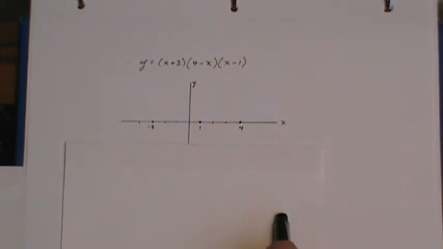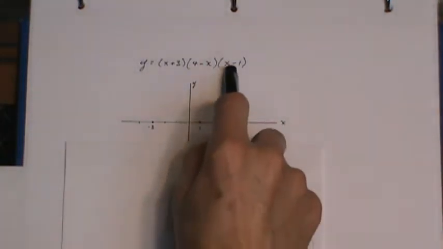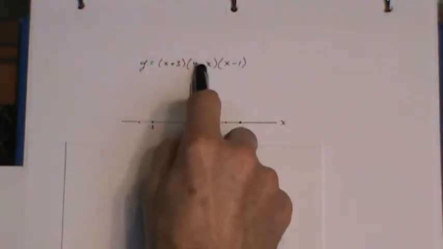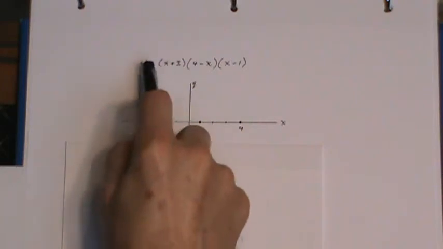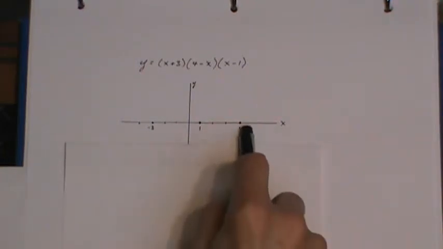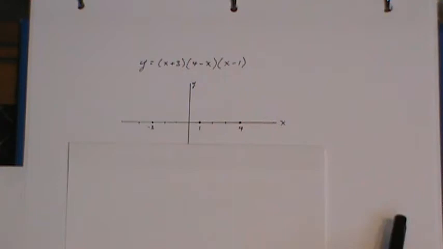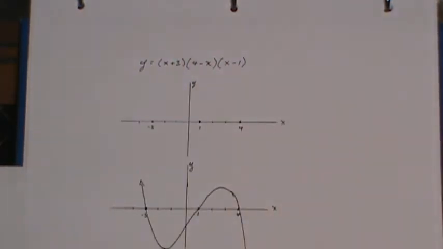The other way of checking this is if you pick a number larger than 4, you will find that one of these factors, this one, is negative, which causes the y to have a negative value. So once again, start from the right hand side, go up through the 4, down through the 1, and back up through the negative 3. And that will give you a shape like this one.